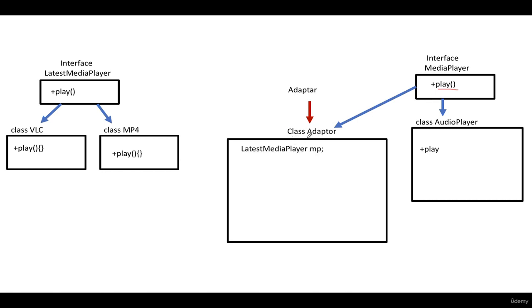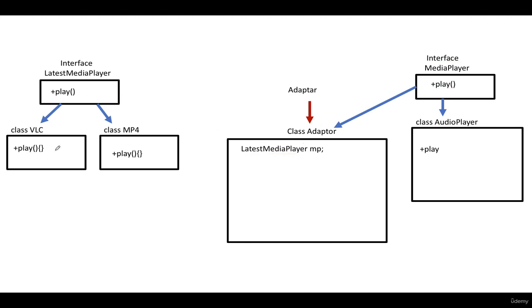So in this adapter we have the instance of this interface, that is the advanced media player. If you see, this adapter is implementing this interface and correspondingly creating the instance of this advanced media player. So that's how these two interfaces are connected with each other with the help of this adapter.